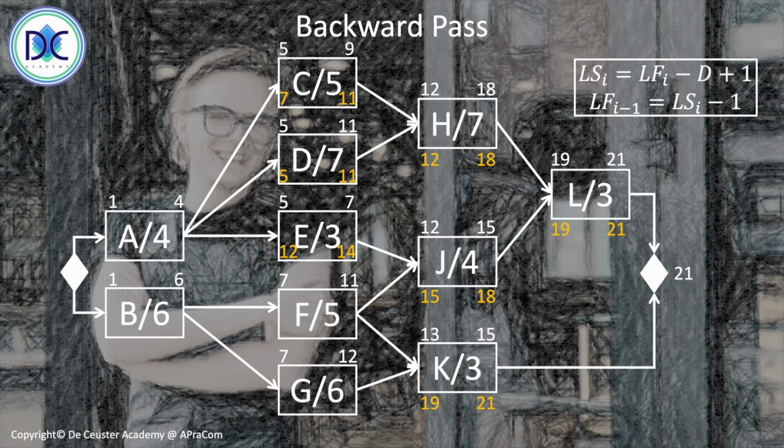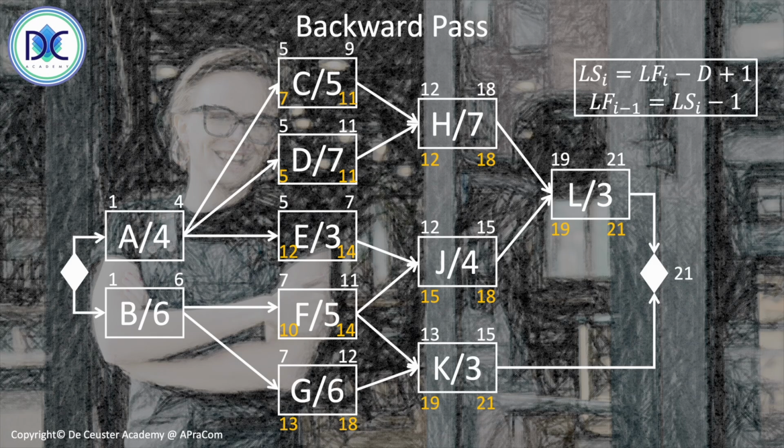You can calculate it if you want. Basically, we must select the lowest late start of the successors, in this case 15, and minus 1, it gives us 14. For G, we find 18. Now we only have one successor. So for F, we find the late start equal to 10. And for G, we find this to be 13.